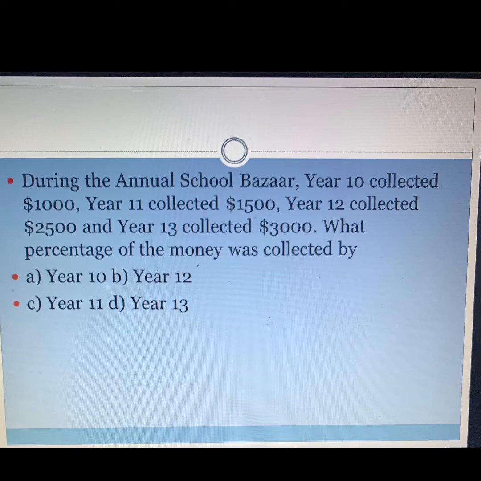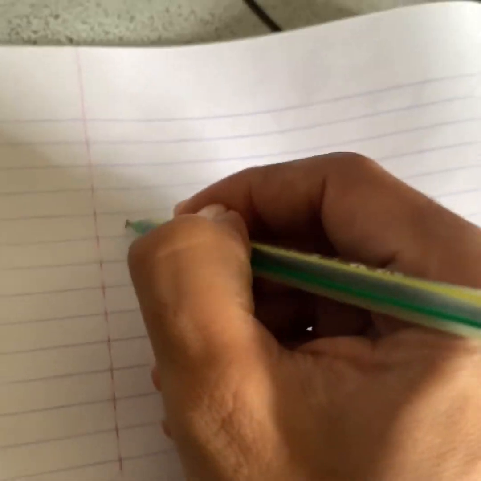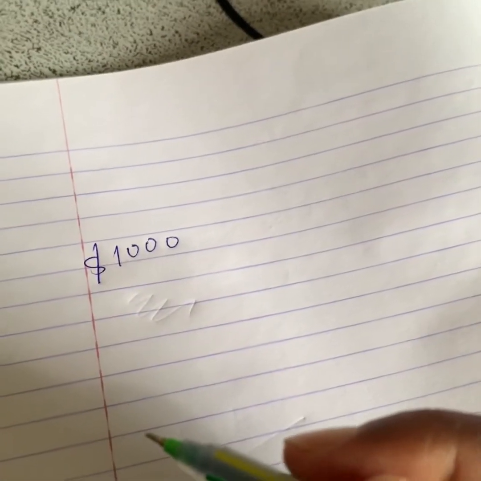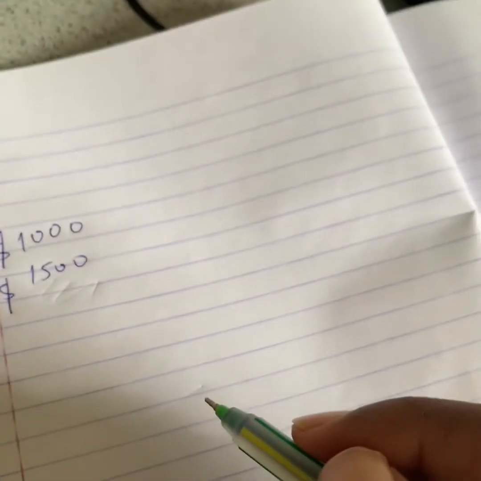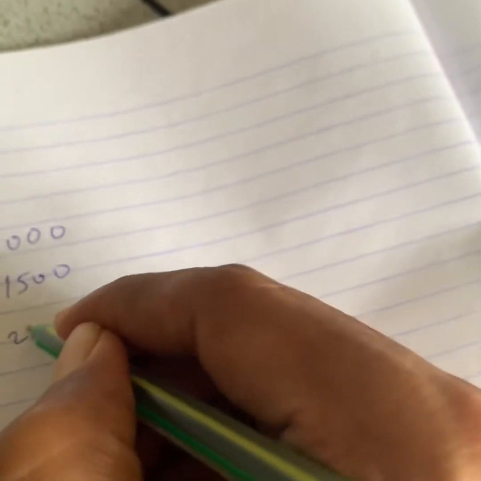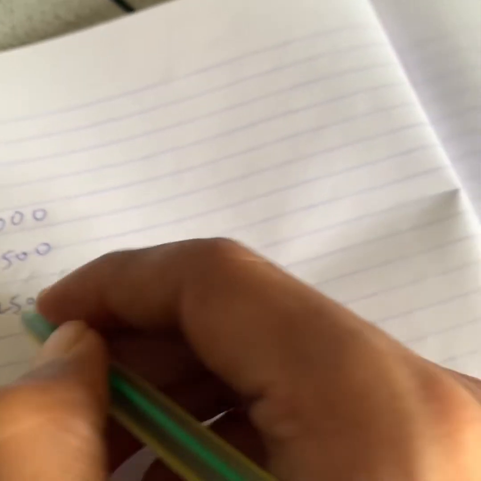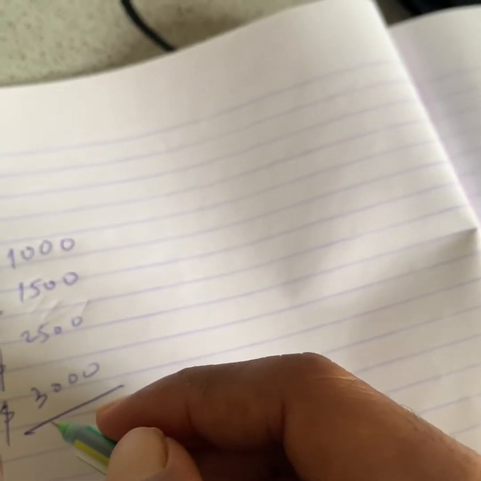Alright, so let's look at the information given. 1000 was from year 10, 1500 was from year 11, 2500 was from year 12, and $3,000 was from year 13.